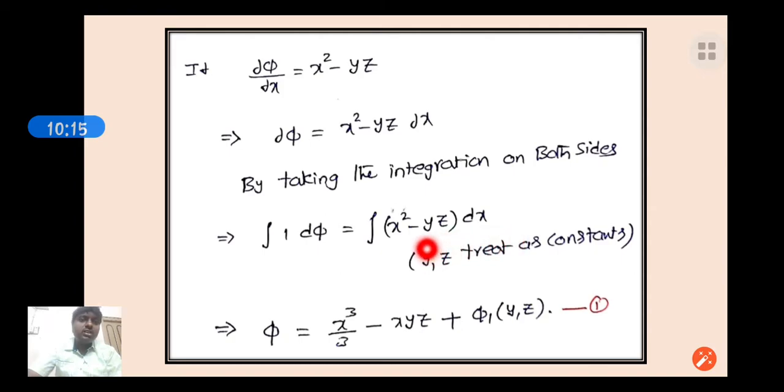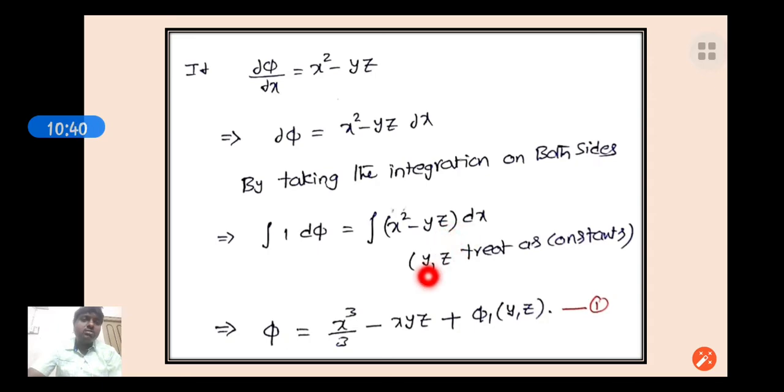If you are treating y and z as constants, only x is our variable. Now I write the integration here. Integration of 1 dphi is nothing but phi on the LHS, equal to integration of x², which is x³/3, minus yz, treated as constants, into 1.